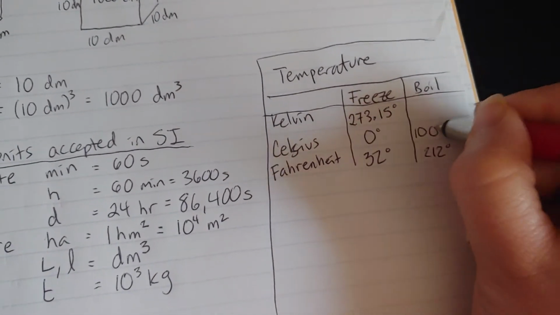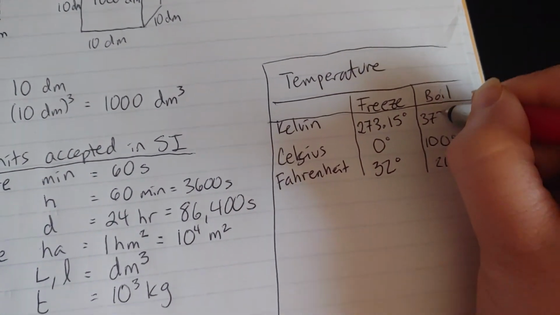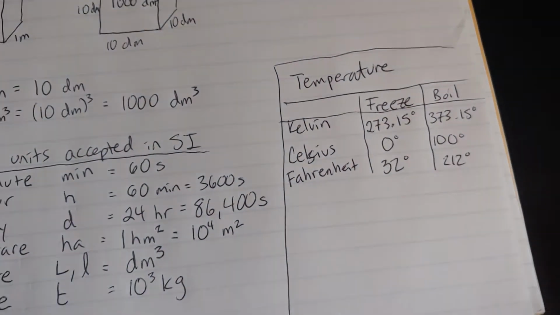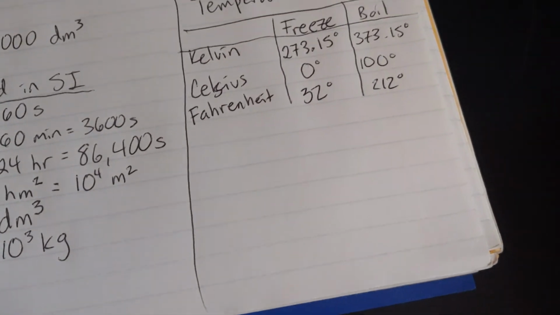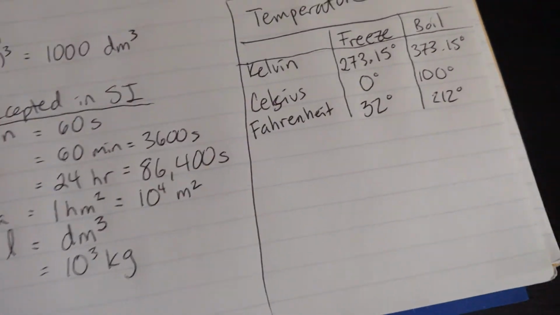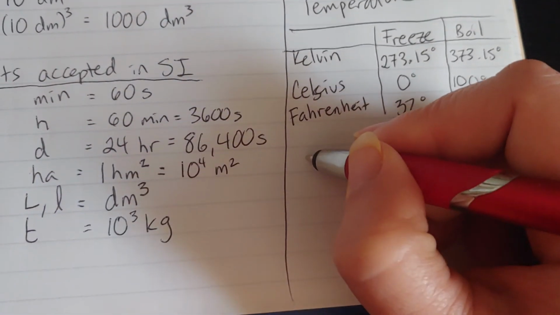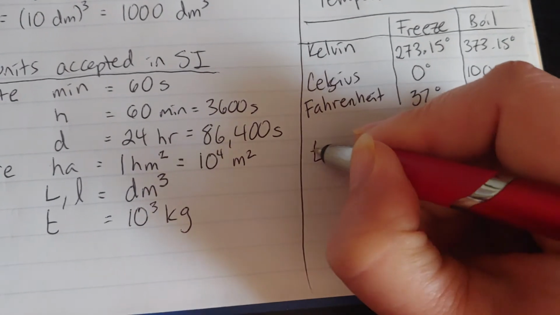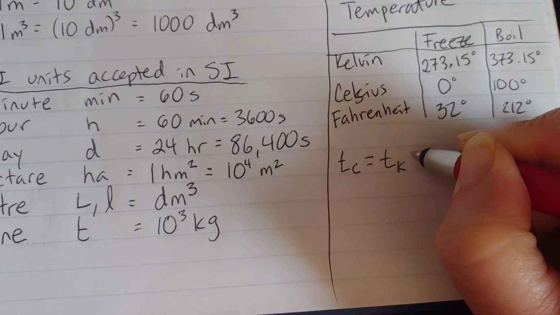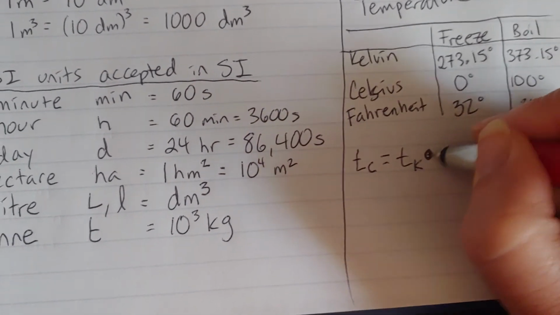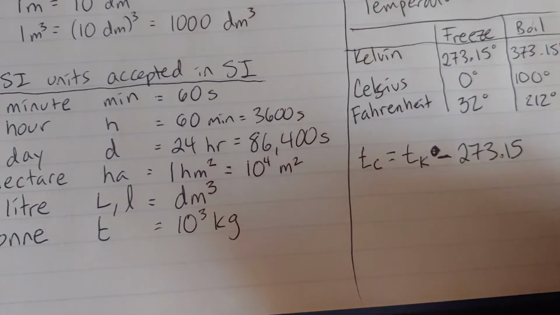Water boils in Fahrenheit at 212 degrees. In Celsius, that's 100 degrees. And in kelvins, that's 373.15 degrees. Now, we have our formula to convert from Celsius to Fahrenheit and from Kelvin to Celsius. So, starting with Kelvin, the temperature in Celsius is equal to the temperature in kelvins minus 273.15.